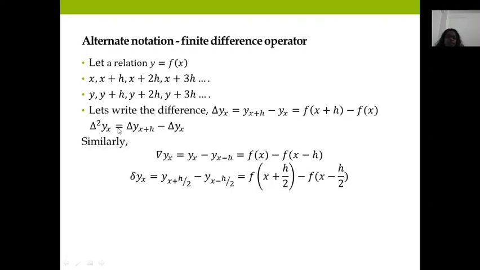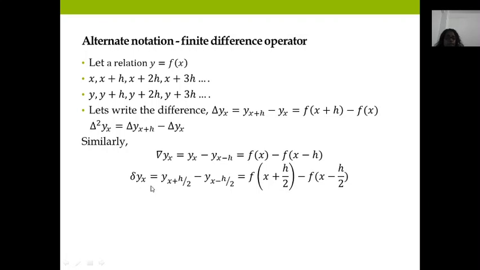The second difference del square y of x is del y of x plus h minus del y of x. Similarly for the backward difference, instead of y of x minus h we can write f of x minus h. Since y is f of x, you can write every y i as f of i, and y i plus 1 as f of i plus 1. That is another notation.